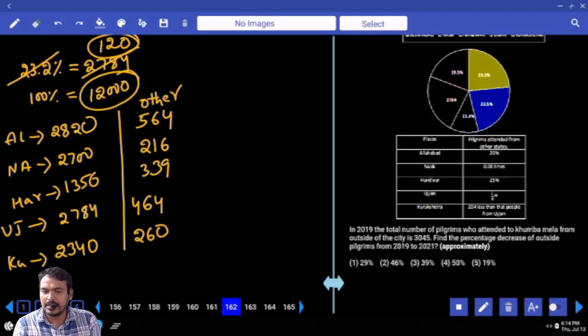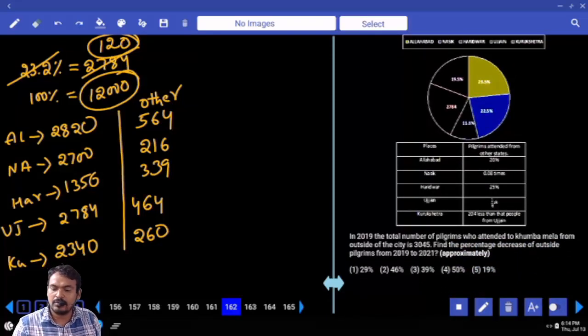And what is the 19? This value is related to 21 or 19? 21. But 2019 already how many members are given? 3045. Okay. First 2019 all the values are added. Other cities are only local. So outside means other cities.